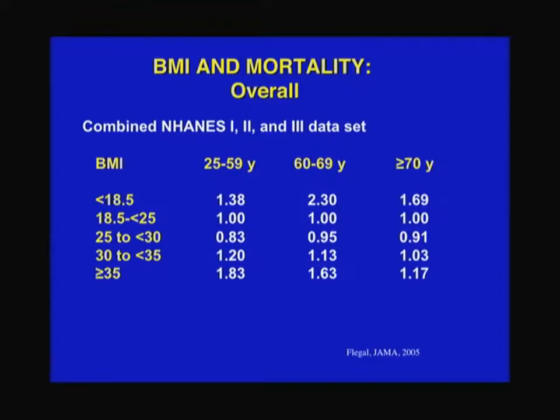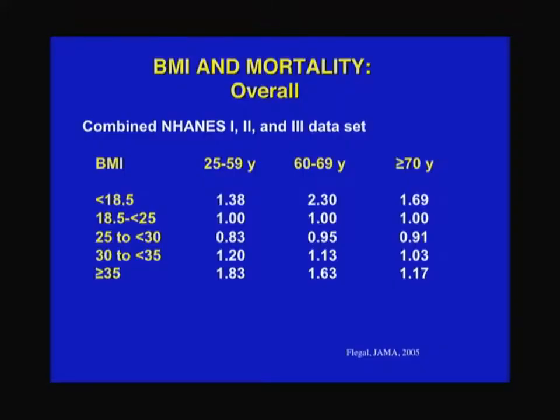Now clearly you can be in the overweight category and have health problems that will respond to weight loss. So if you have diabetes in this category or high blood pressure in this category, then weight loss is our best treatment. So I don't mean to suggest that. But it does appear there's not a lot, if any, excess mortality from being overweight. So that's sort of interesting.